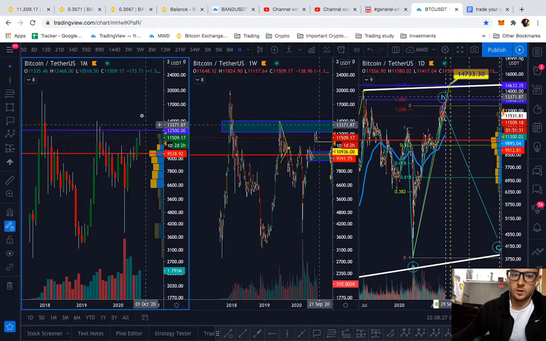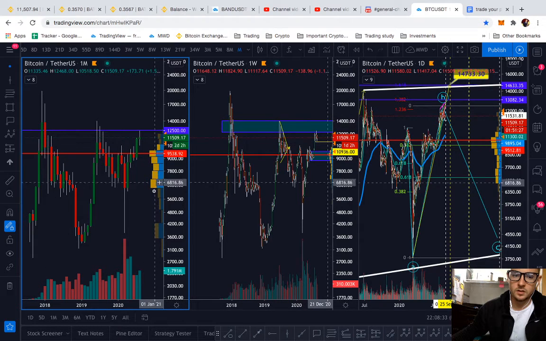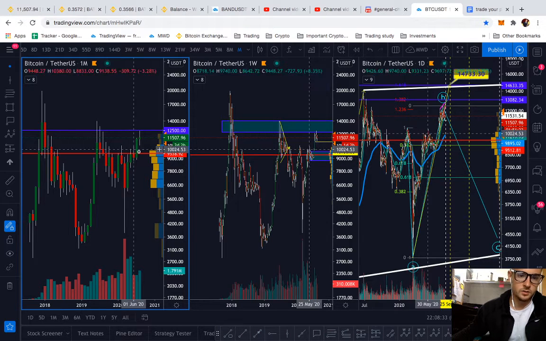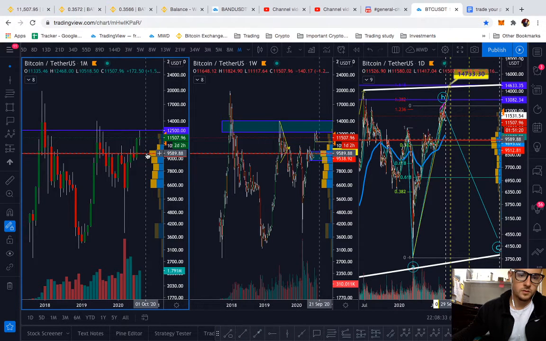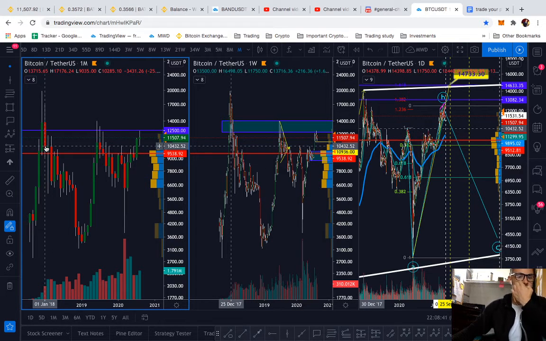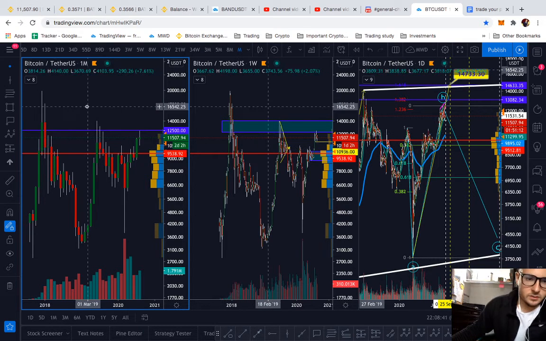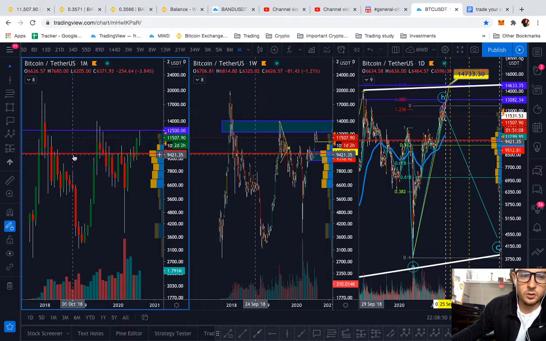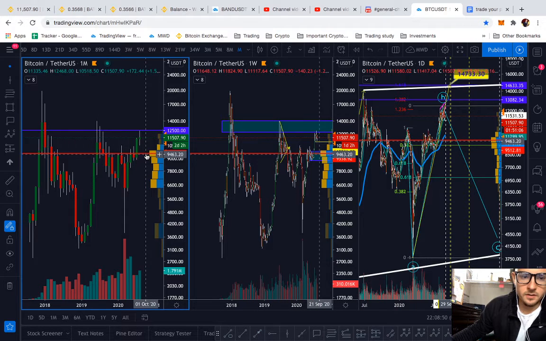So you can see that we don't have much activity up here, and we have a lot of activity all around here. So 9,500 is a big zone of activity. I mean, 9,500 is the volume average price right here.